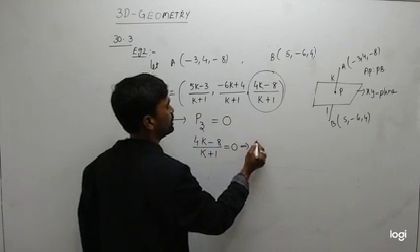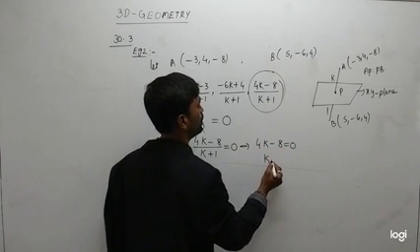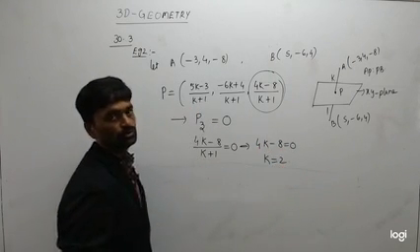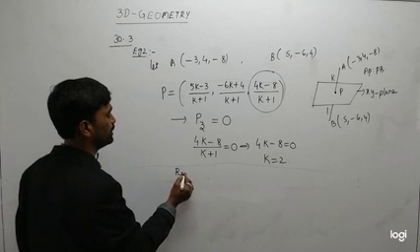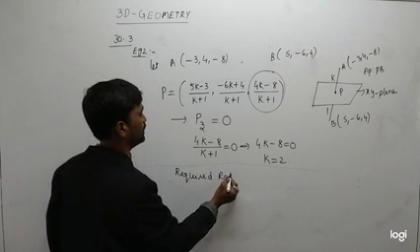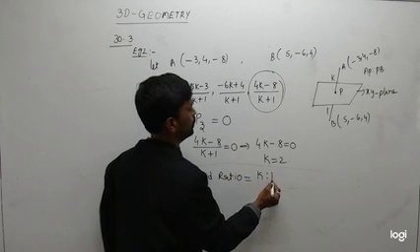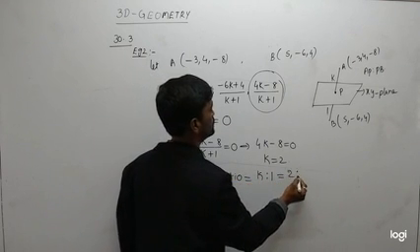So cross multiply by k plus 1, and what you'll get? 4k minus 8 is equal to 0. On simplifying, k is equal to 2. So the required ratio is what we have assumed, k is to 1, that is 2 is to 1.